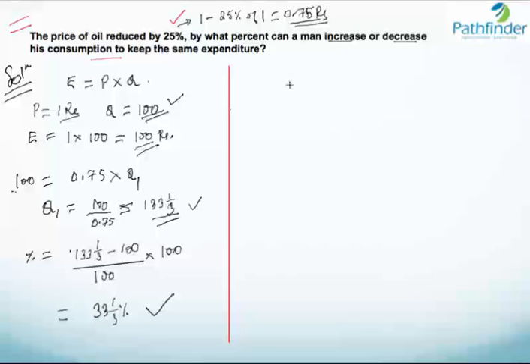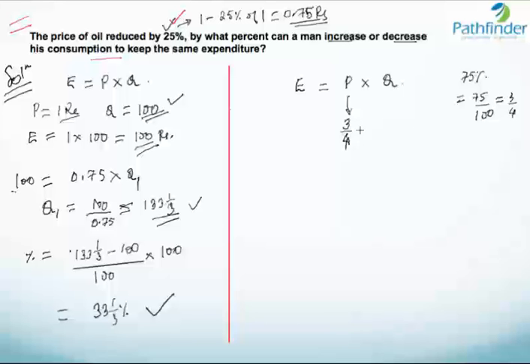Another method could be that if expenditure is equal to price into quantity, if price goes down by 25%, this means that price becomes 75% or 3/4. Mind you, 75% is equal to 75 by 100, which can be reduced to 3 by 4.